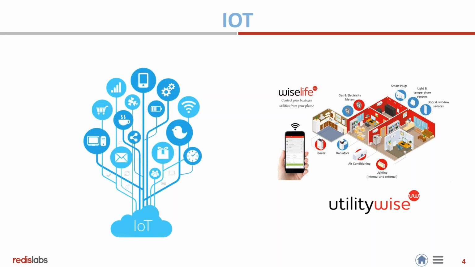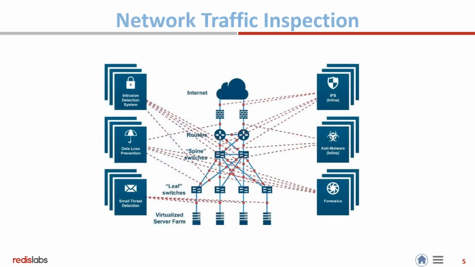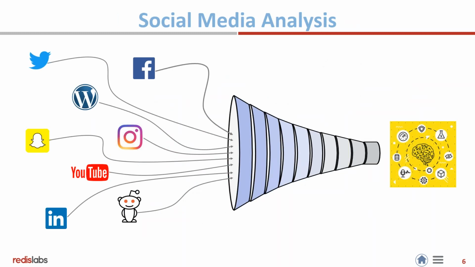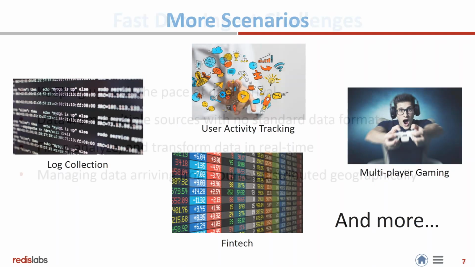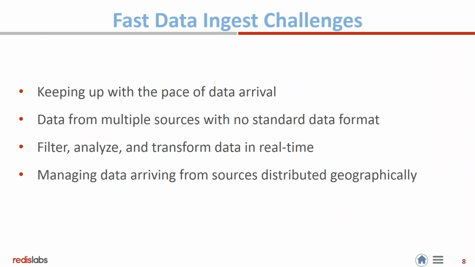So you may get data in many different formats. So you need to collect all the data and push it to some other destination. So it could be IoT or network traffic inspection, or it could be social media analysis. There are many scenarios where you collect a lot of data in bursts, and you push all the data to some other destination for further analysis or for cold storage or whatever.